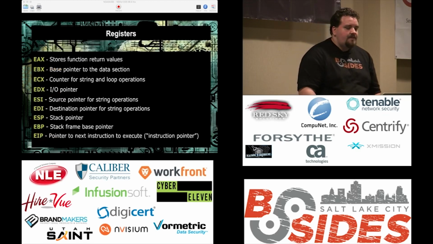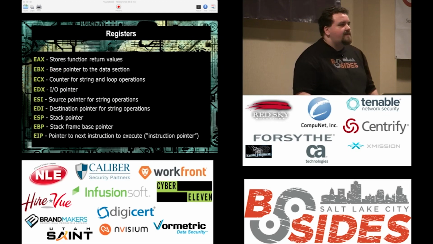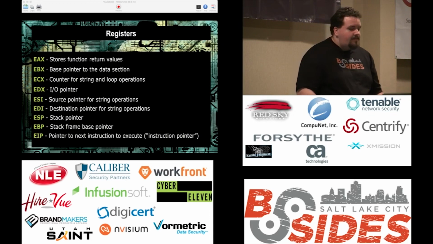So we have registers. Registers are kind of the heart of assembly language, and every register kind of has a special purpose, and this purpose is arbitrary. It's basically just whatever the Intel designers decided they're going to use this register for. They're all technically the same physical hardware, and they're just different sections of the CPU that store data.